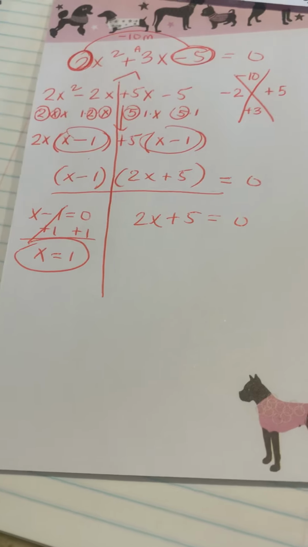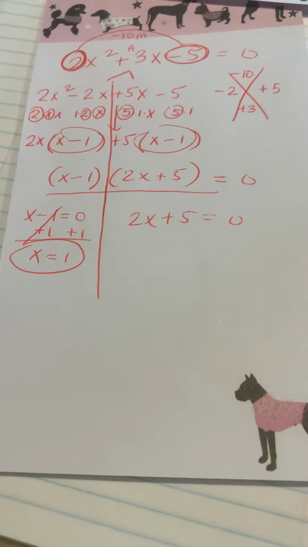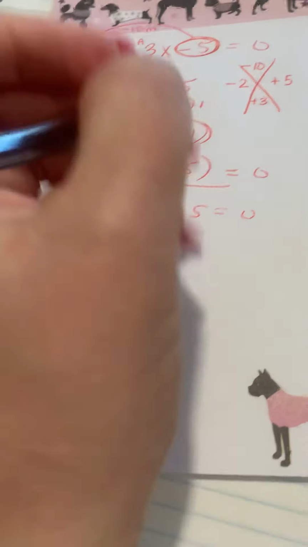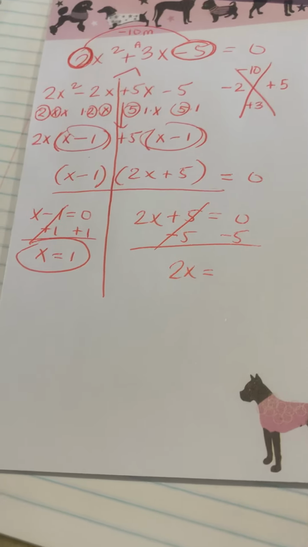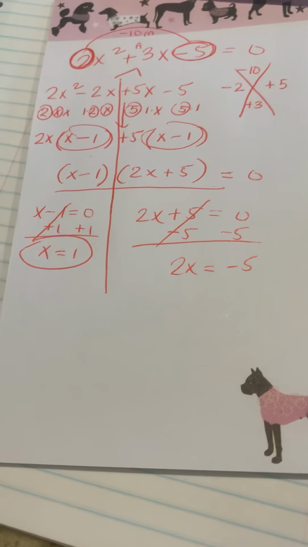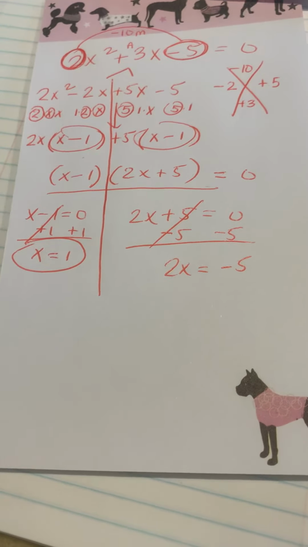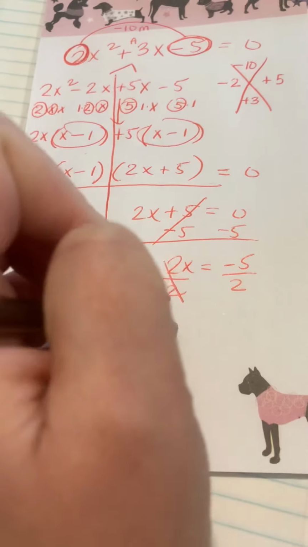I then have to solve the right-hand side. Here I have to do 2 inverse operations. I first start by undoing addition of 5. I do subtraction of 5, the inverse operation. So 2x equals 0 minus 5, that'd be -5. But x is not alone yet, so I'm not done. I have to get rid of the 2. The 2 is connected to x by multiplication, so I do the inverse operation of division.